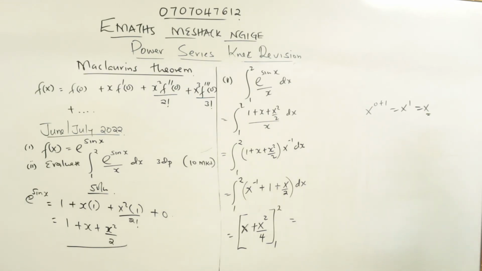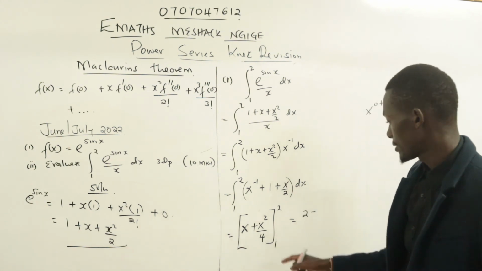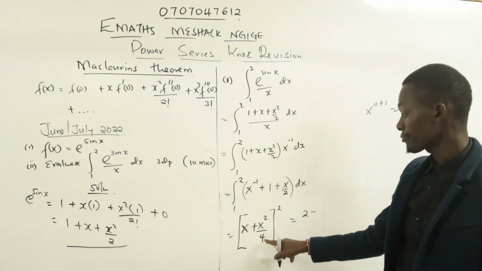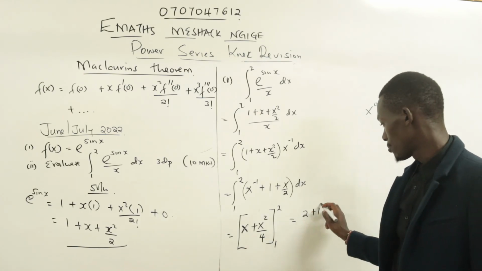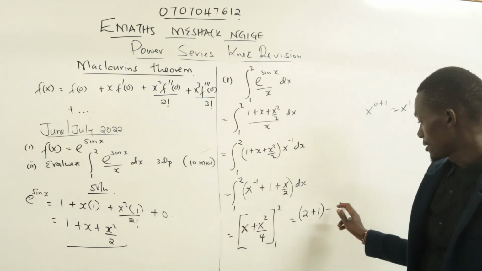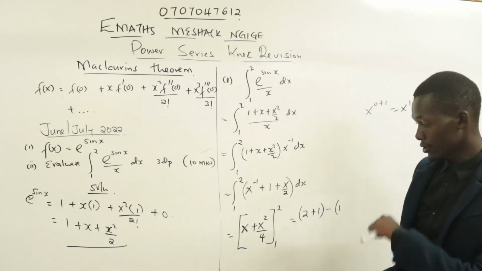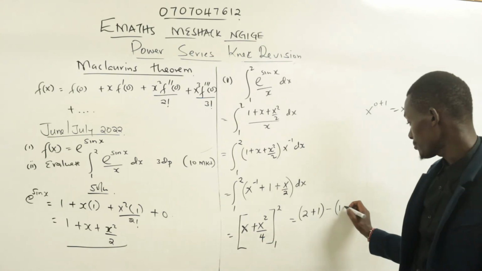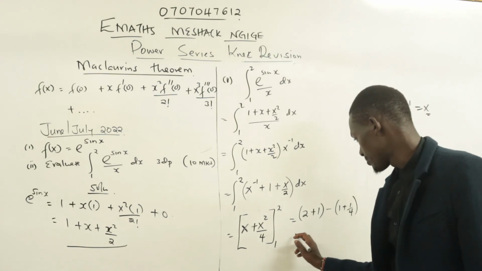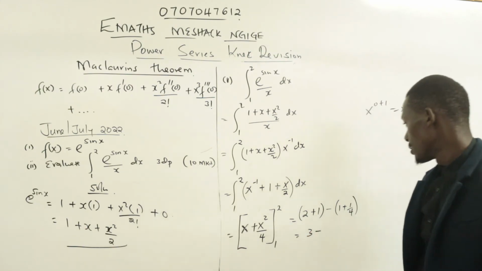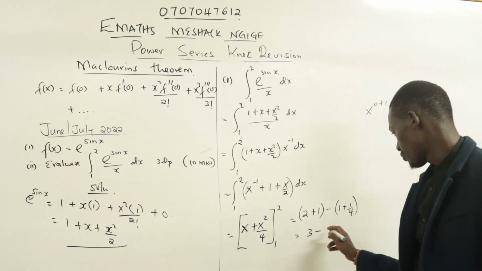So therefore, putting the upper limit and the lower limit, replacing 2 here, we shall have 2 minus, 2 squared gives you 4, 4 over 4, so it is plus, sorry, 4 over 4 gives you 1. Minus, replace 1, so you shall have 1, 1 squared gives you 1, so you shall have 1 over 4. So this basically will be 3 minus 1 and a quarter.